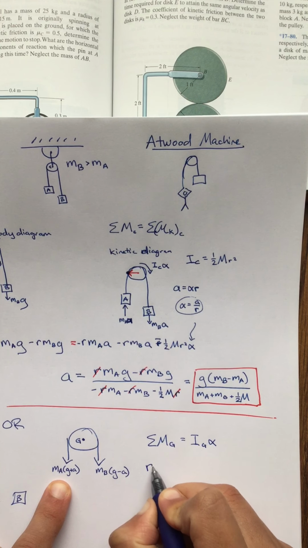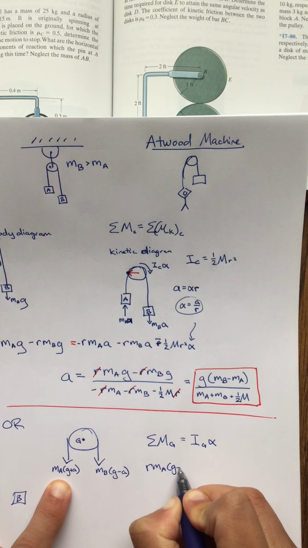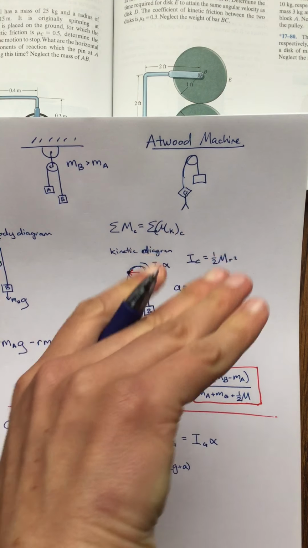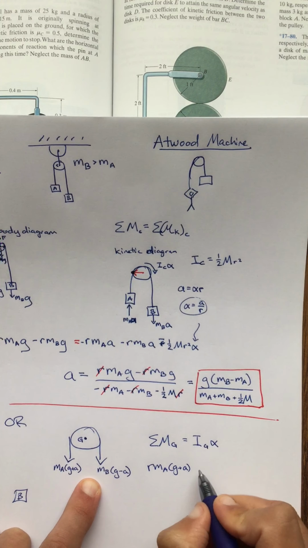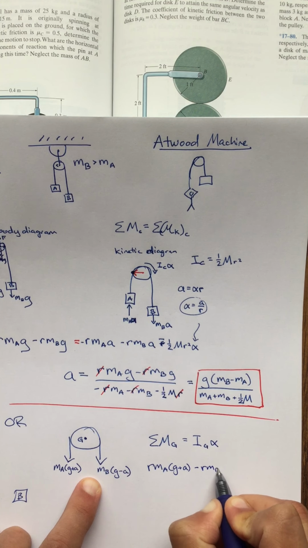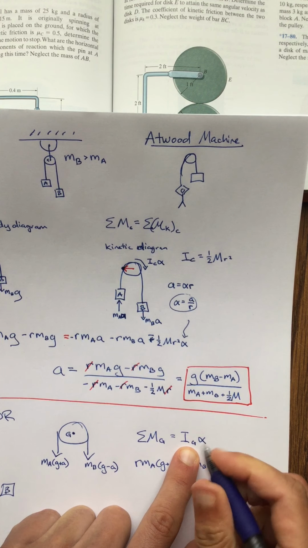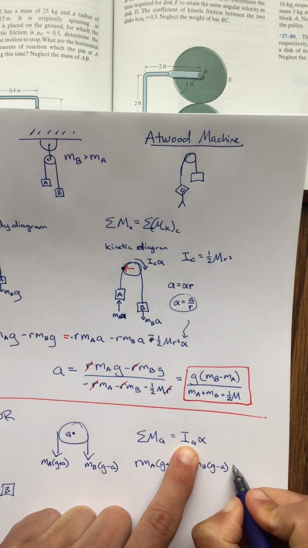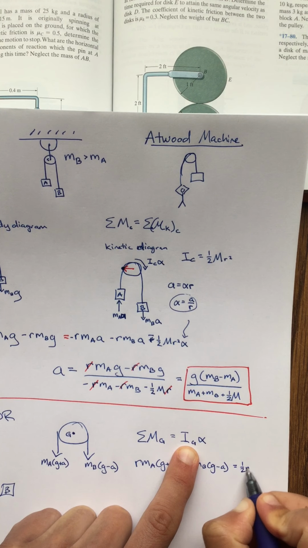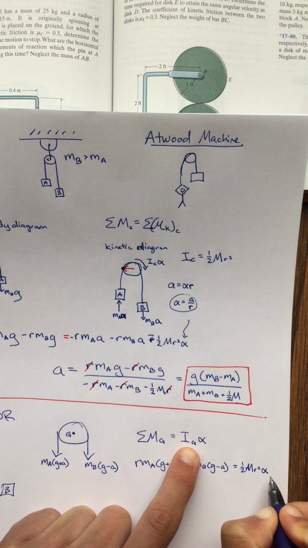So that's r times m_A (g plus a). On this side, r cross this force, that would be negative. So that's minus r m_B (g minus a) times the moment of inertia for the pulley, which is 1/2 m r squared, 1/2 m r squared times alpha.